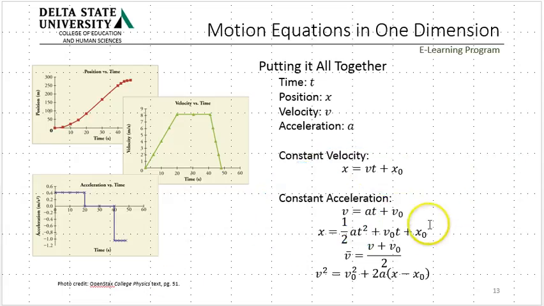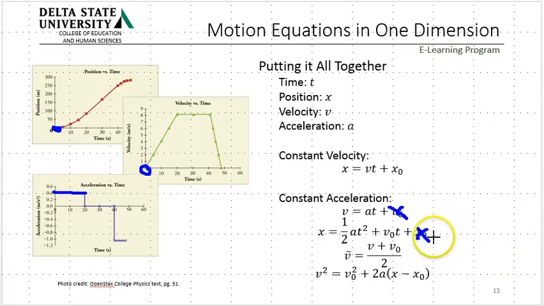Another important point. Whenever we have a problem like this, where there's acceleration, there's no acceleration, and then there's acceleration, we have to divide it up into pieces. So we look here and say, okay, we start off with an initial velocity of 0. All right, so we start using these equations. Our initial position is 0, so that's 0.